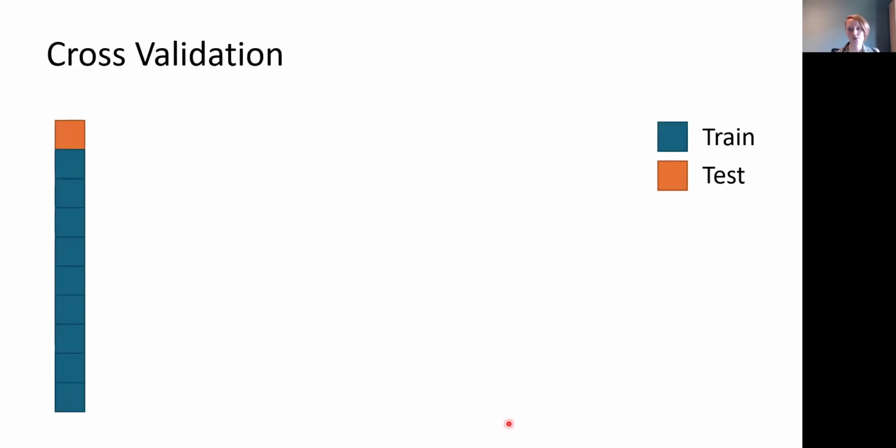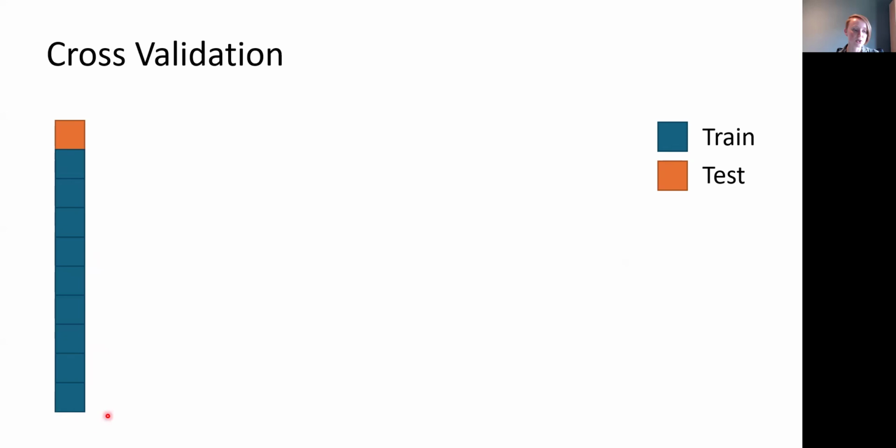As I said, with machine learning, we're going to need some kind of training data set and some kind of testing data set, so that we can train our model and then evaluate how well it's doing. Cross-validation allows you to do that multiple times, essentially. So if we start off with this training data here, we can split it up into 10 different proportions of our data.